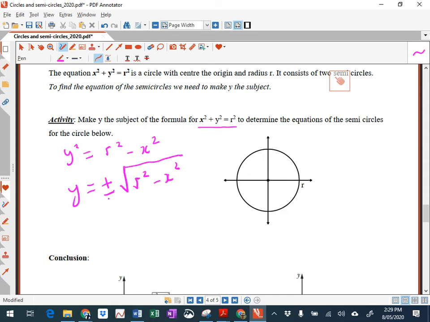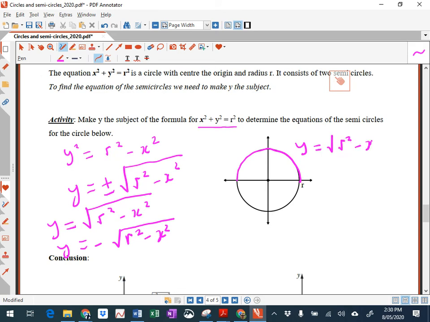Okay, so we have two equations. We have the positive equation, the one with the positive in front of the square root. And we also have the negative equation. Okay, so now the positive equation will be the top part of the circle. So the top half of the circle will be the positive.